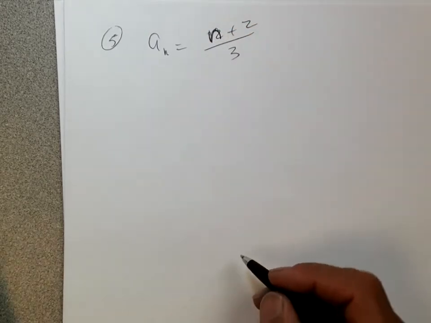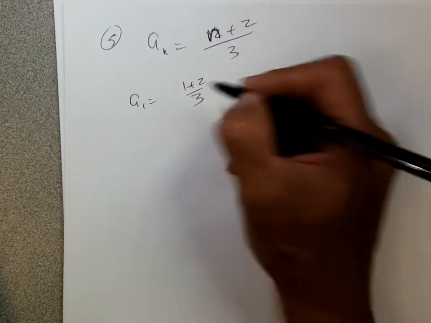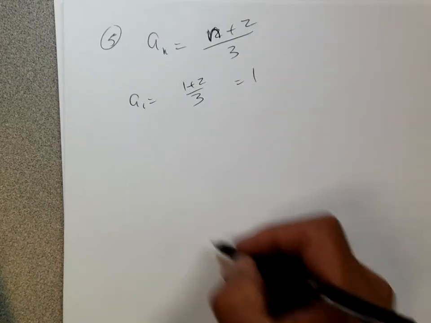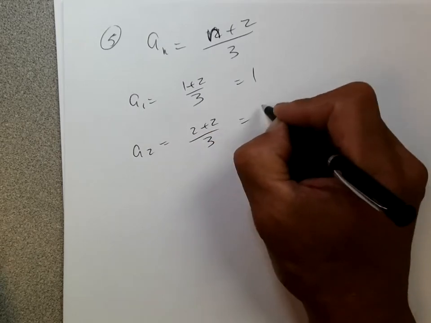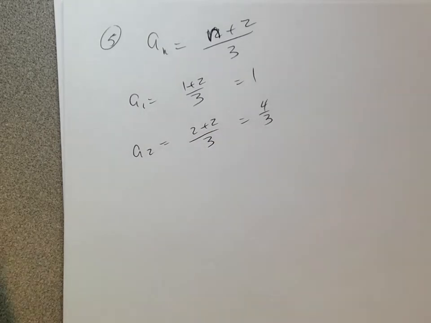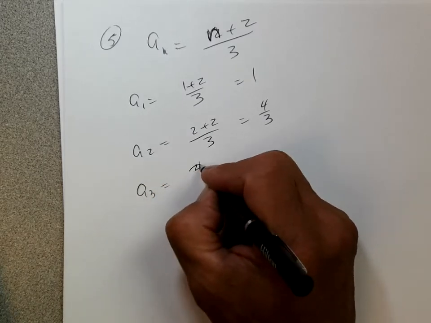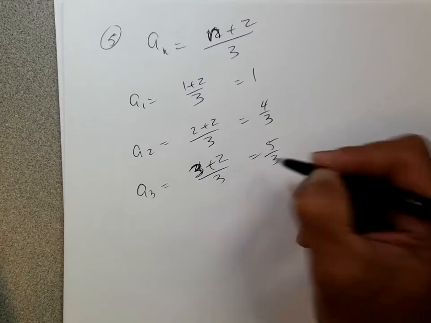Okay, A1 is just going to be 1 plus 2 over 3, which is 3 over 3, which is 1, right? A2 is 2 plus 2 over 3, or 4/3. A3 is 3 plus 2 over 3, which is 5/3.